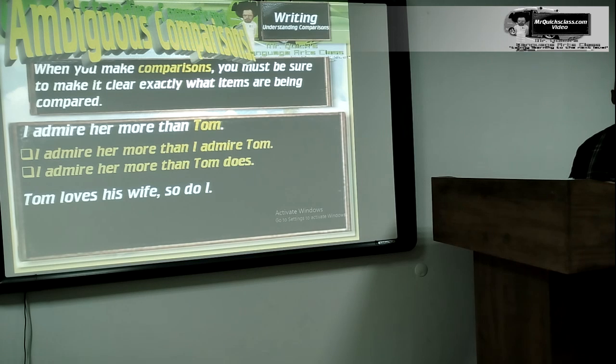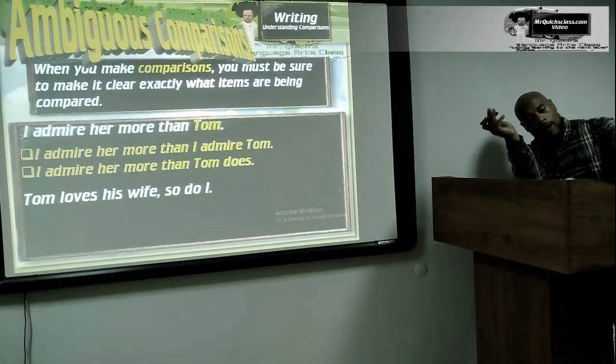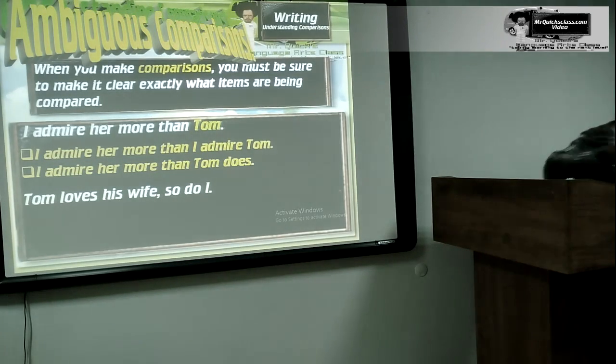Tom loves his wife, so do I. Are you reading it or reading the correction? I read it. Tell me the correct way, if you're saying it's wrong. Tom loves his wife. So I love him. Oh, I get you. There's no comparison in it.